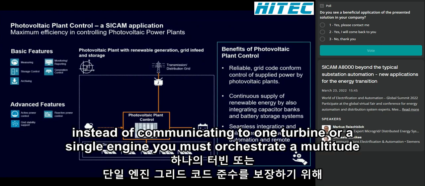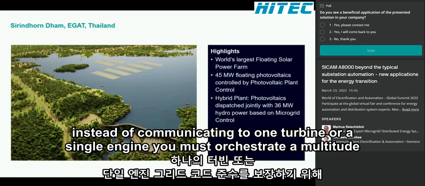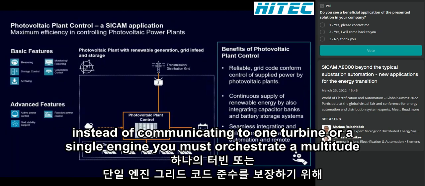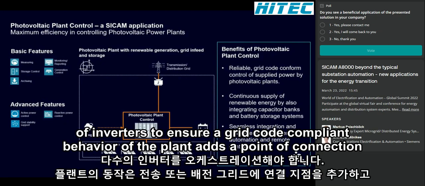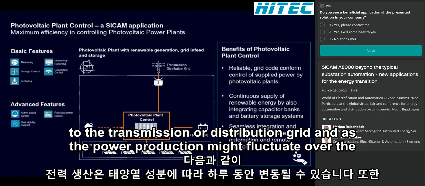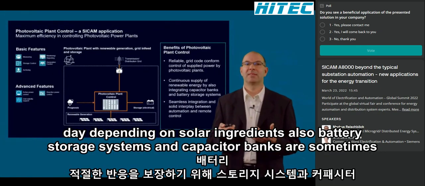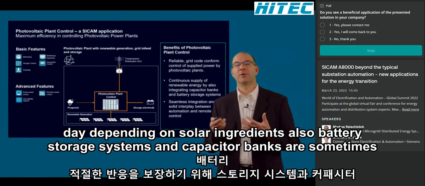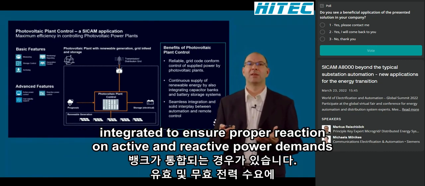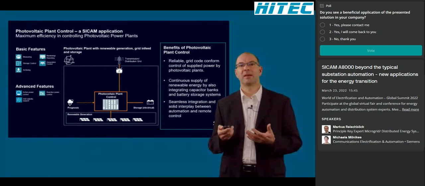Instead of communicating to one turbine or a single engine, you must orchestrate a multitude of inverters to ensure a grid code compliant behavior of the plant at the point of connection to the transmission or distribution grid. And as the power production might fluctuate over the day depending on solar irradiance, also battery storage systems and capacitor banks are sometimes integrated to ensure proper reaction on active and reactive power demands.